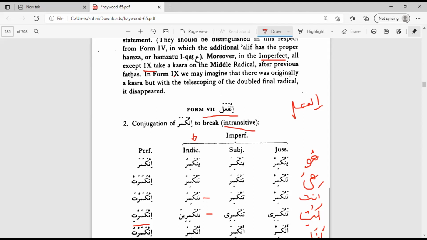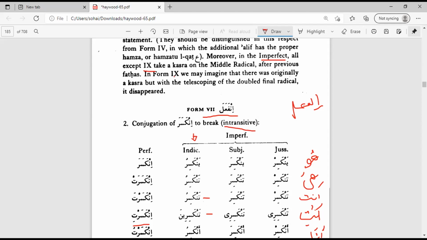So normally you add meem, then you add kasra for the second letter in fa'il, and fatha on the second letter, munkasarun for passive. This verbal noun is inkisarun. Passive, which it says is used rarely, is unkasira, and for imperfect is yunkasaru.